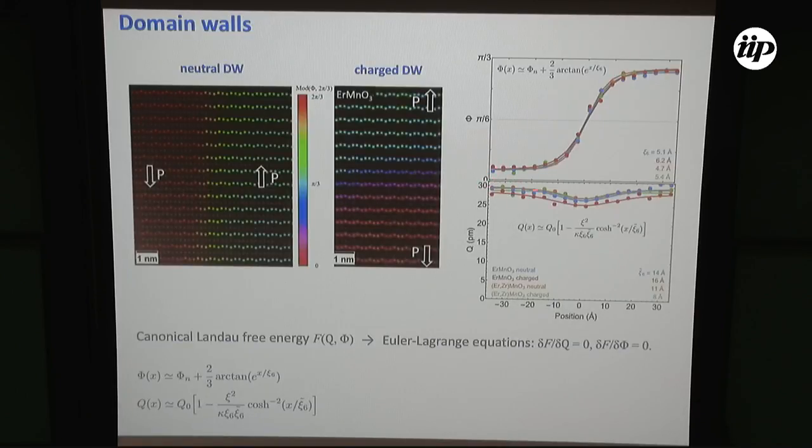Here the points correspond to the experimental data, and the lines are the fittings according to this formula. So this is the phase as a function of the position across the domain wall for different orientations of the domain wall. And here I show you the amplitude of the trimerization order parameter as a function of the position.